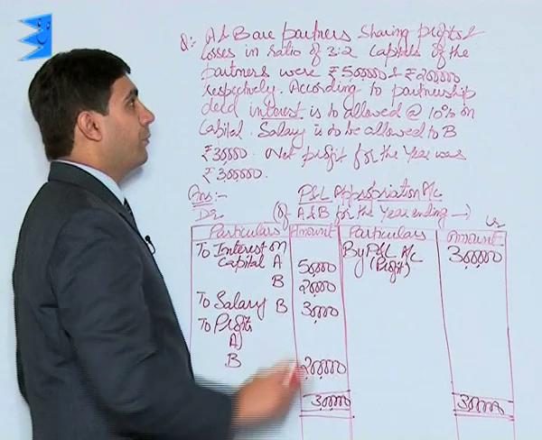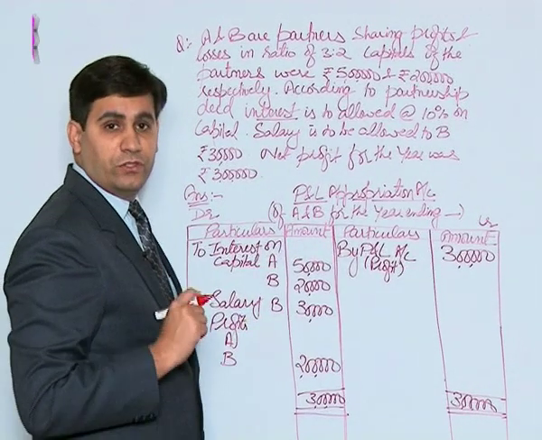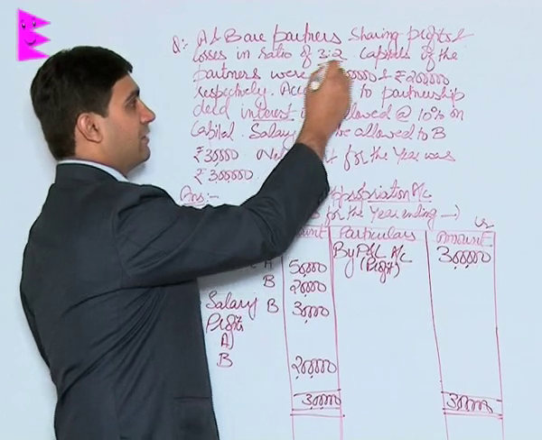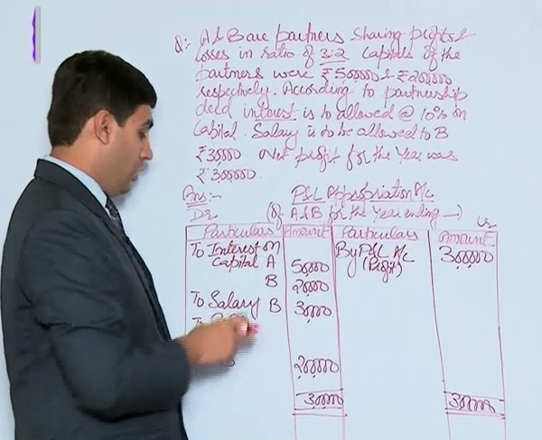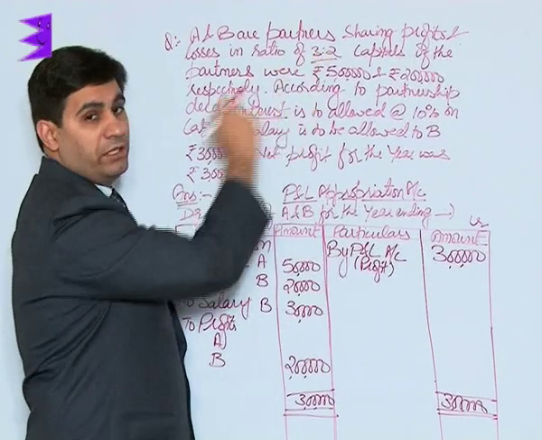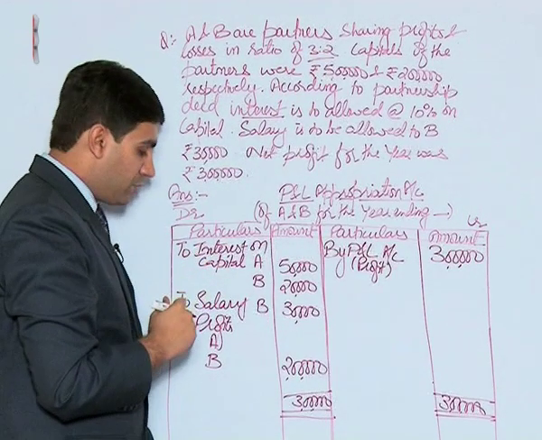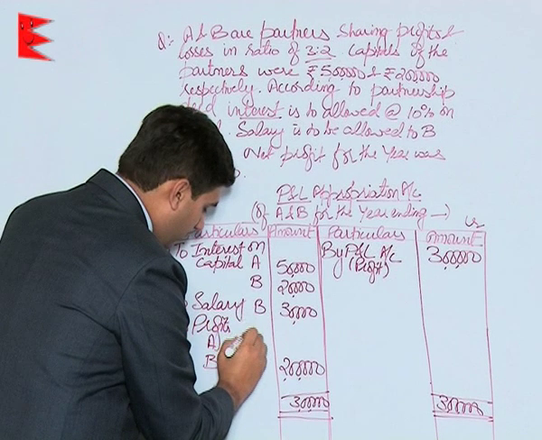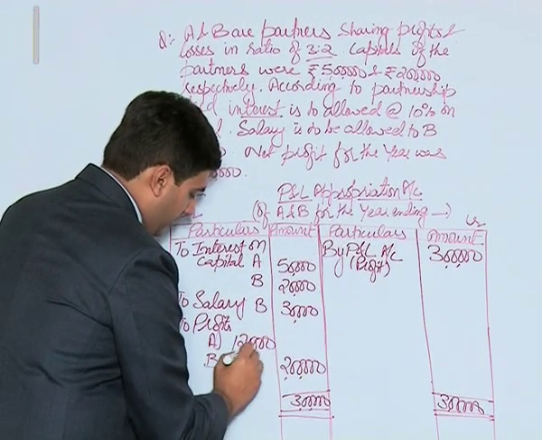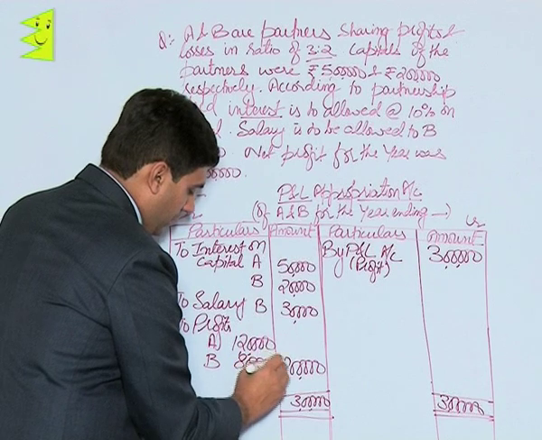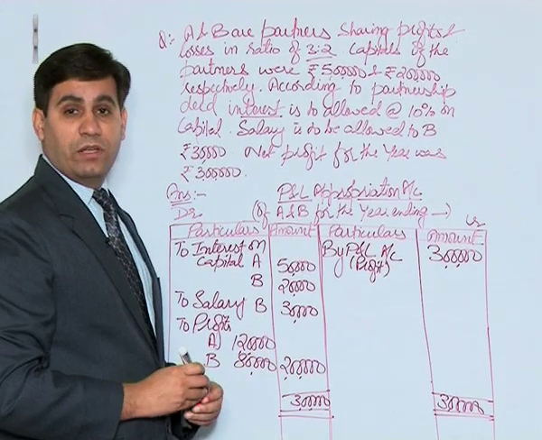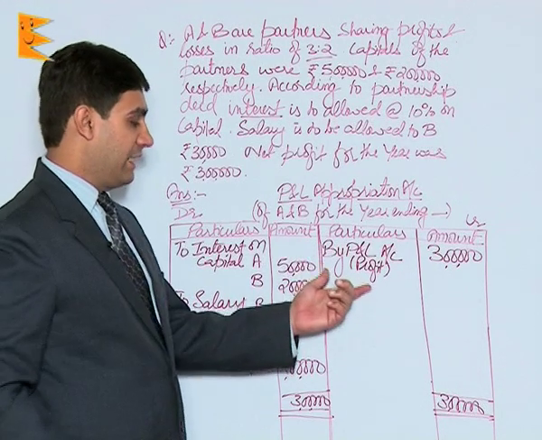This 2 lakh would be divided in the ratio of 3:2, since the profit sharing ratio of the partners is given to be 3:2. So for A, the amount would be 2 lakh into 3 by 5. That comes to 1,20,000. And for B, it comes to 80,000. So students, what we have done is, we have transferred net profit onto the credit side.